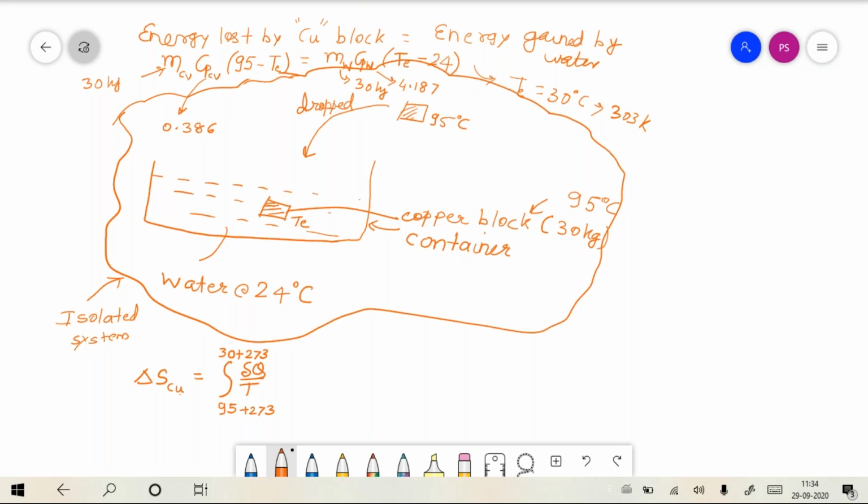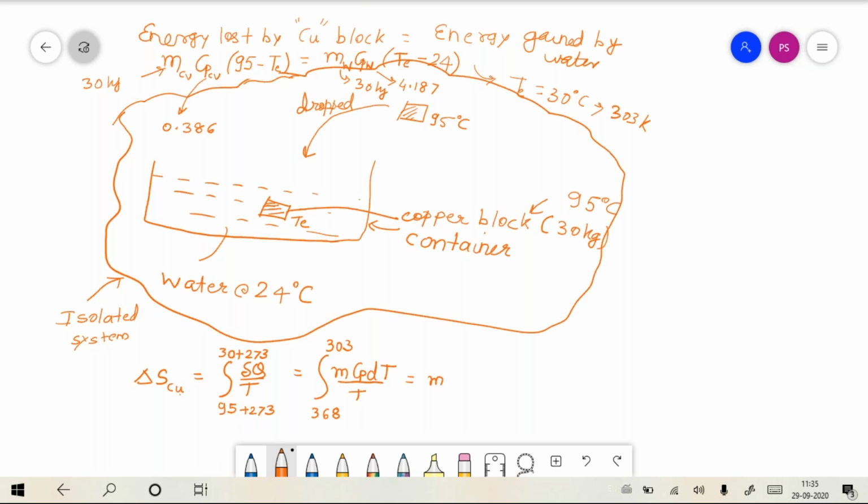You have to solve this integral. Let me write down the integral of m cp dT by T from 95 plus 273, which is 368, to 303.